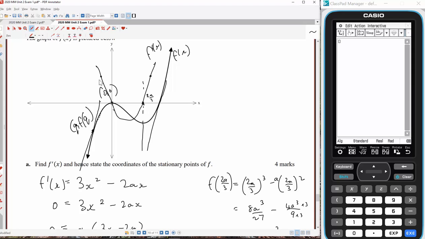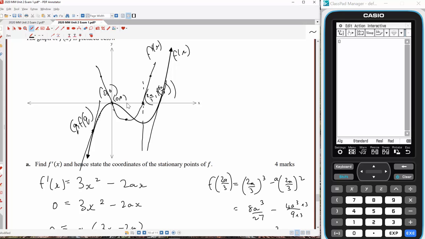So we can get two versions of this same gradient for different values of x. If we keep going down, the only time we're going to get one value is actually at the turning point. Now, this is 0, 0, and this is 2a, comma, f of 2a on 3, whatever that was, I can't remember.